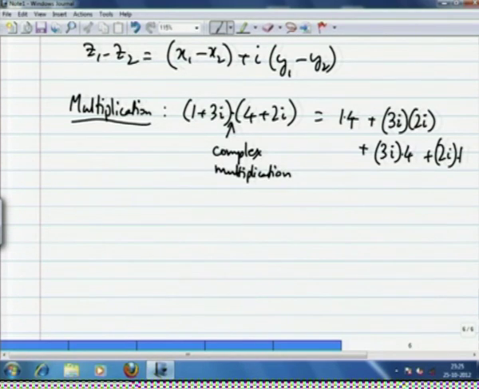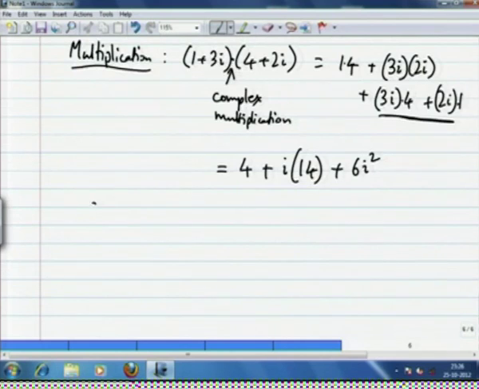So, this is like a binomial multiplication, and then this in turn, if we treat these as real numbers and multiply, 1 times 4 gives us 4, and then plus, let us collect these two terms here. We get I times, intuitively what we should do, at least by the binomial multiplication, is 12 plus 2, namely 14, plus 3 I times 2 I should give us 6 I squared.